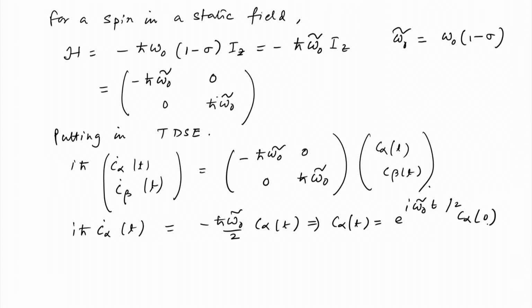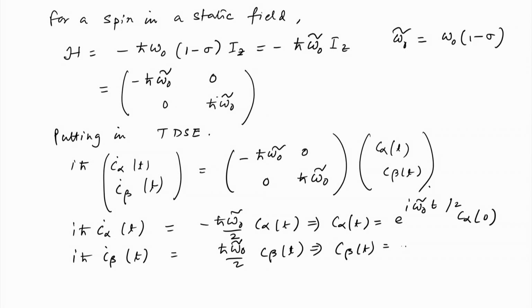And for the other one, it is iħ Cβ dot, so this is ħω̃ by 2 Cβ(t), and again solving it one gets exponential minus iω₀t by 2 Cβ(0).